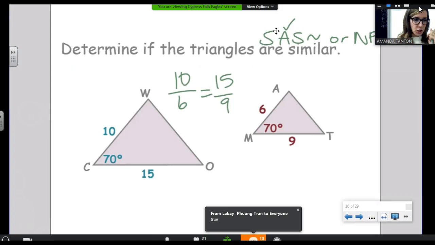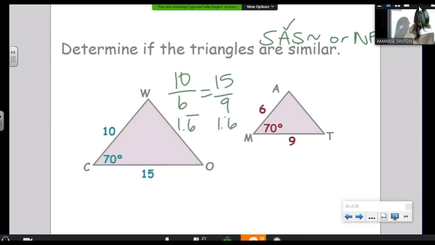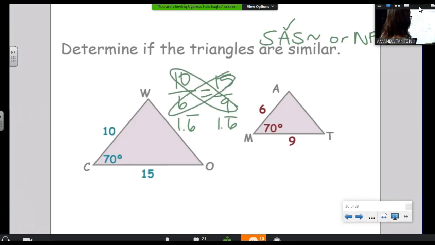You can do that by dividing each one. I got 1.6 repeating, 1.6 repeating. Or you could do that by cross multiplying. You'll get 90 either way. So, what is the answer to the problem? They are similar. Yes, they are similar by side, angle, side, similarity.